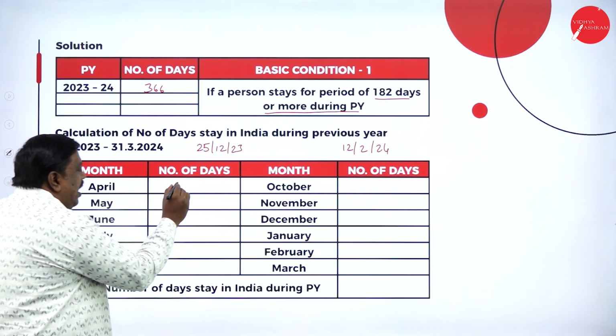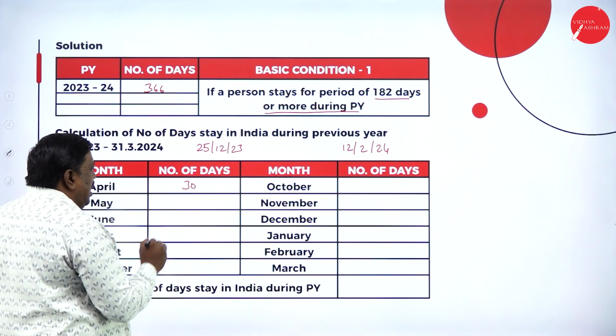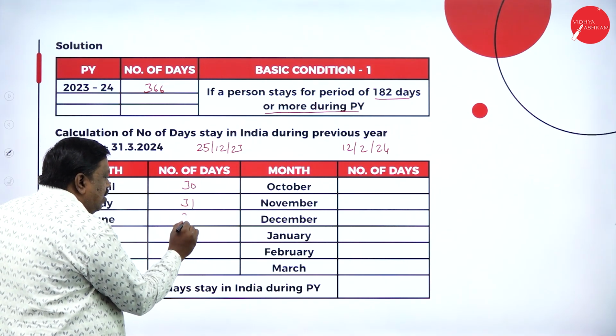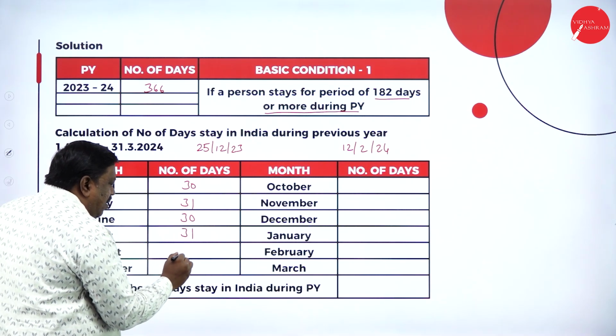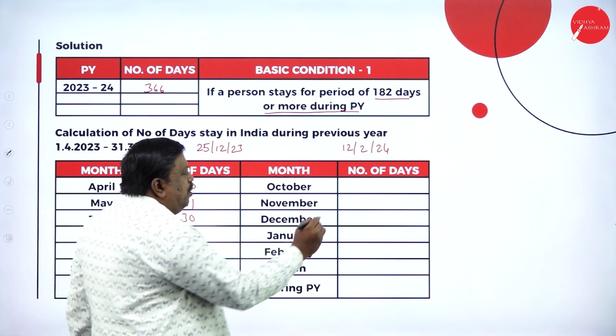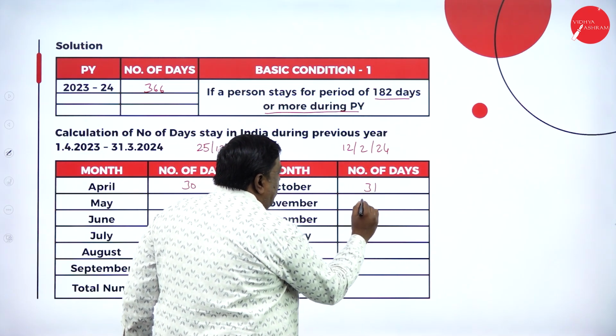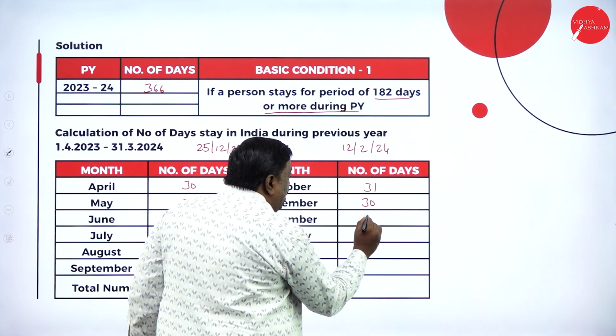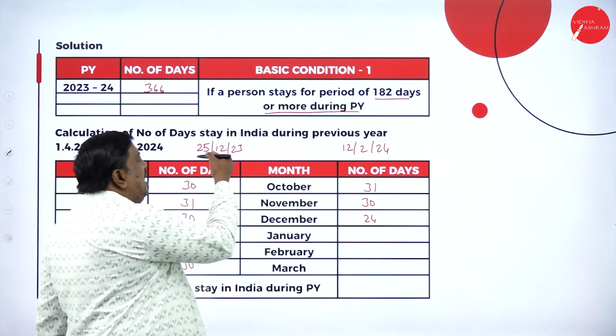In April, 30 days I was in India. May 31, June 30, July 31, August 31, September 30, October 31, November 30, December 24 days, because I left India on 25th.